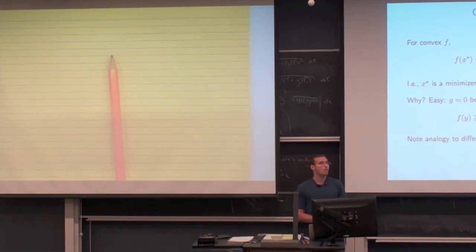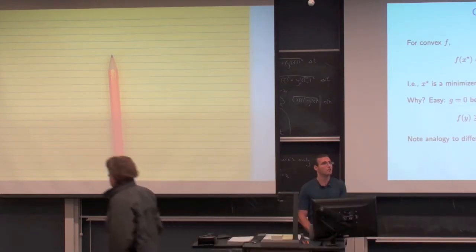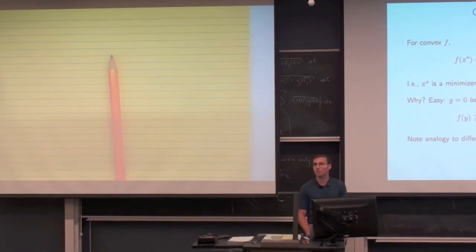Subgradients characterize optimality. A function is minimized at x star if and only if 0 is a subgradient of f at x star. This extends the notion of the gradient being 0 for differentiable functions. This is true even if f is not convex, because we can define a subgradient to be any value that satisfies this bound. 0 is a subgradient if and only if it satisfies this bound.